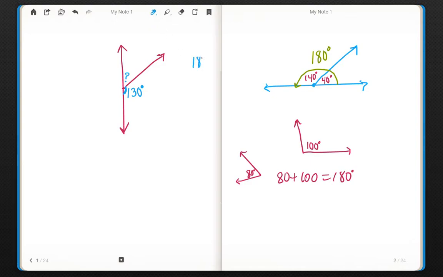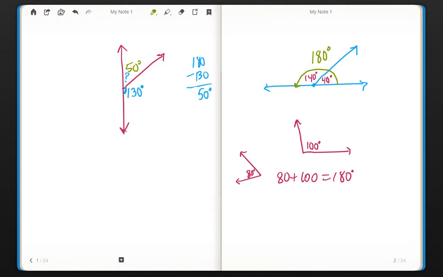So take the 180, subtract the 130, we're left with 50 degrees. So our question mark, the small angle there, would be 50 degrees. 130 plus 50. Okay, so that gives you, I think that'll help you with your special pairs of angles.